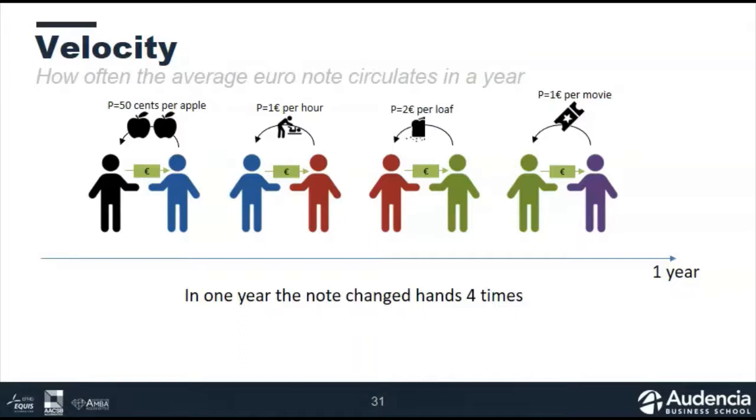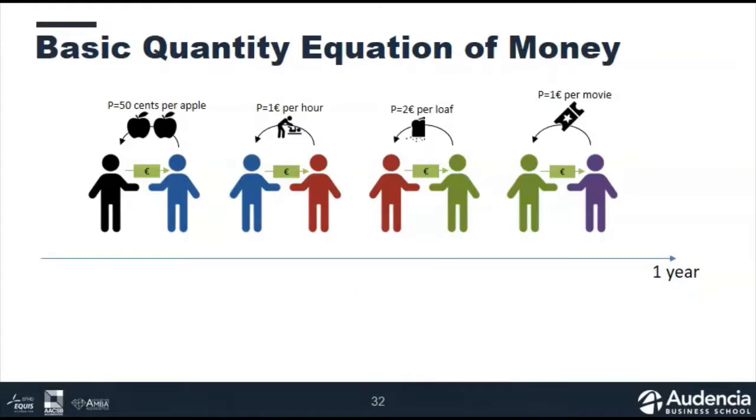Now, this helps us understand something extremely important called the basic quantity equation of money. We know that we have 1 euro bill in this economy. So the money supply in this example is just 1 euro. To be able to buy all this stuff, the money had to change hands 4 times.